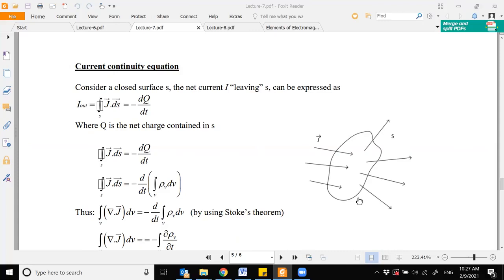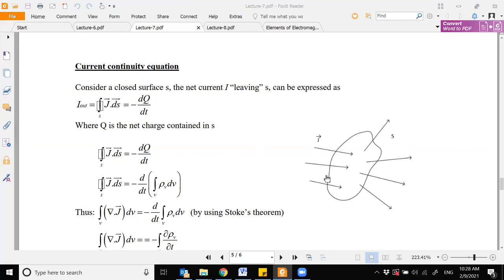So you have a soccer ball, and what it is saying is that the net current I leaving this closed surface S can be expressed as this. If you think about how much current is coming out of the soccer ball, leaving the soccer ball, it is nothing but the closed surface integral of J bar dot ds bar.